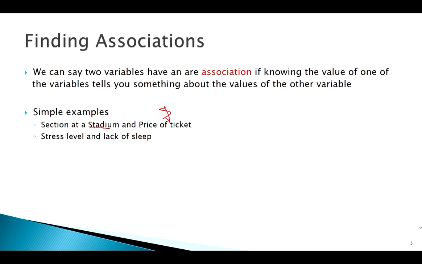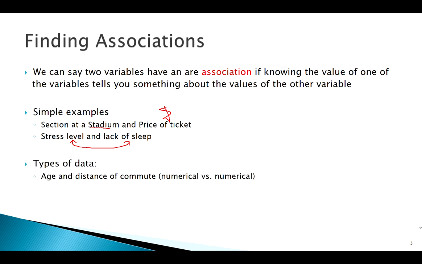But sometimes we may have an association where we're not really sure what's causing what. The more stressed I am, it might cause me to lose sleep, but also the lack of sleep might cause me to be stressed. So sometimes it's kind of like a chicken and egg type situation. Which one came first? Both of these examples are numerical, or quantitative versus quantitative.